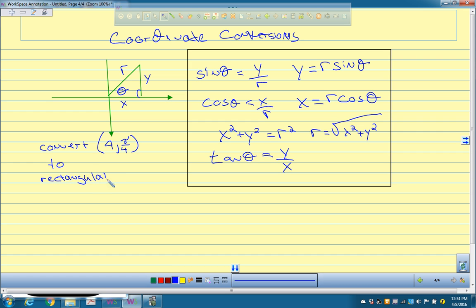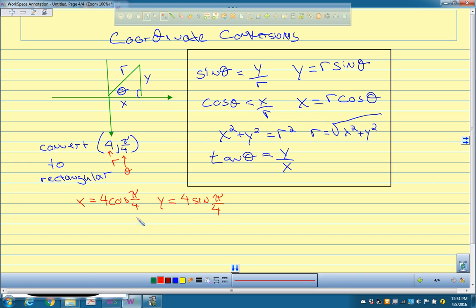And all you have to do in that case is, here's r, and here's theta, and you just plug into these formulas. So x equals 4 cosine of pi over 4, and y is equal to 4 times the sine of pi over 4.